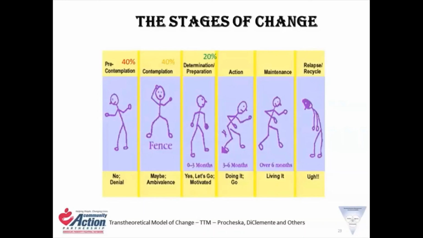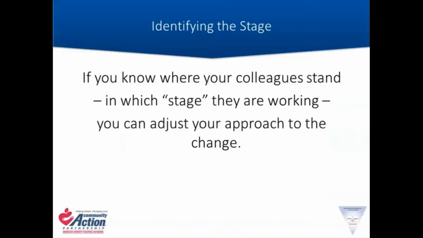So what's useful about identifying these stages is to really be able to think about what's our approach, what could we be doing as change agents to help to move the process forward and to actually see the improvement take hold.